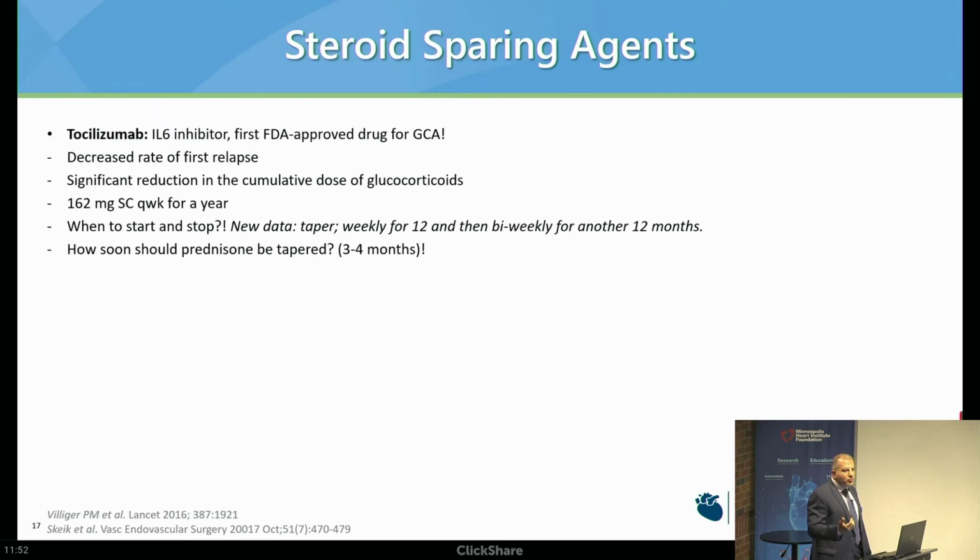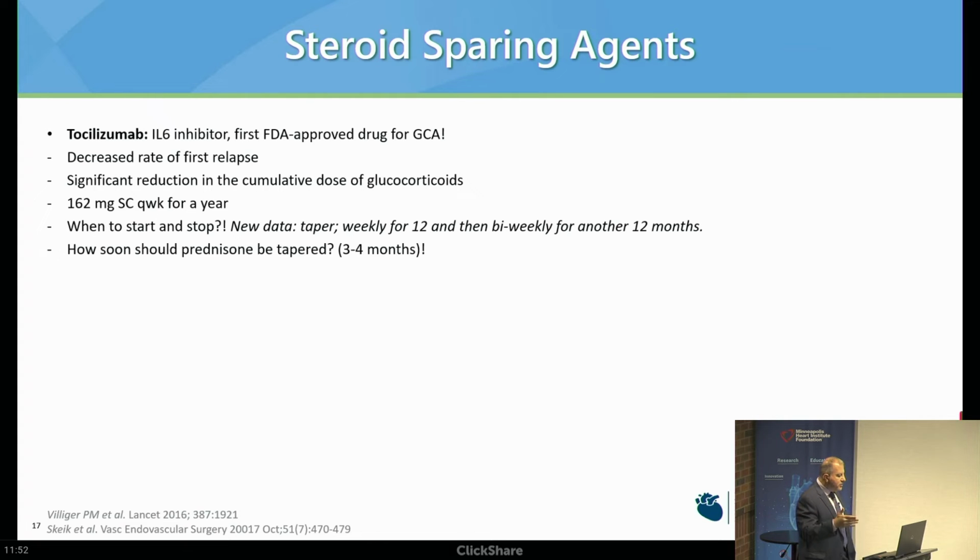So nowadays we consider tocilizumab in patients with GCA, especially in patients that do not respond to an initial prednisone trial. And the good news is that we can get these patients off steroids within 3 to 4 months rather than a year without tocilizumab. The problem is that the initial study showed effectiveness for tocilizumab in the first year, and then what happens after that?